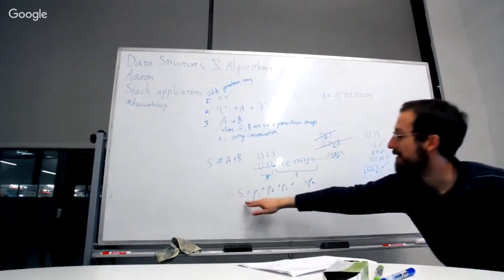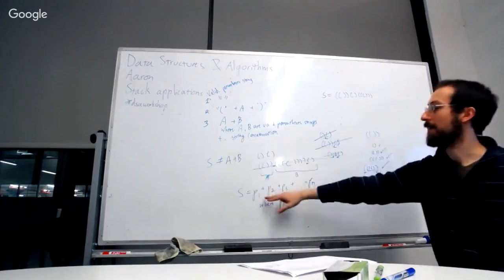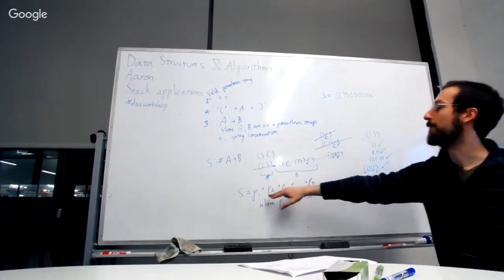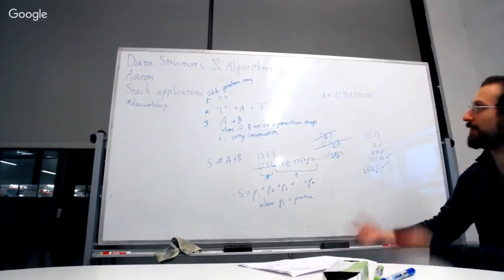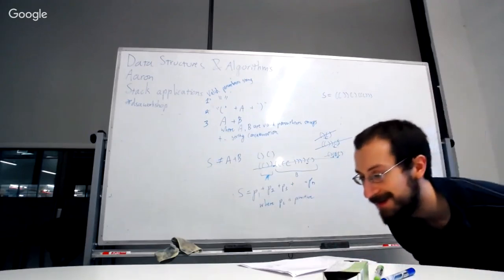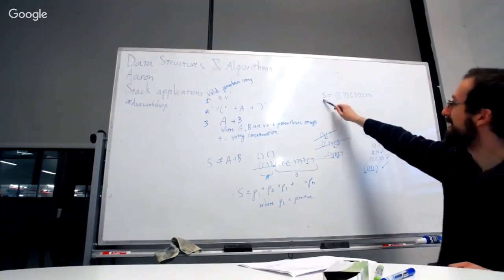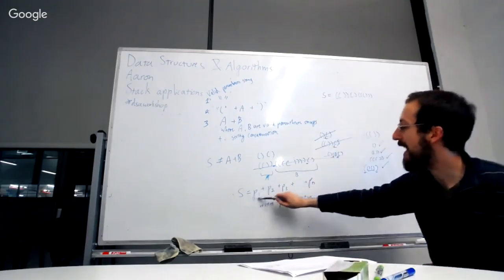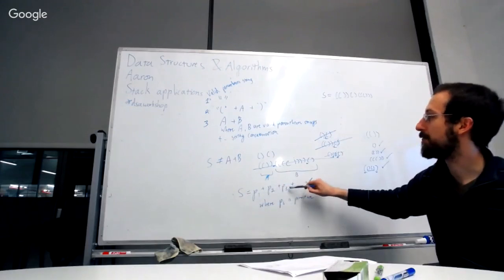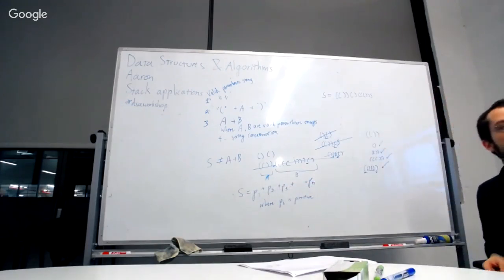Can we define S as the concatenation, because plus is concatenation, of smaller strings, where each of those is a primitive parentheses string? So here's this S. Can we express S as adding up primitive parentheses strings?